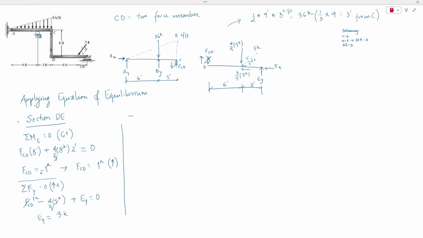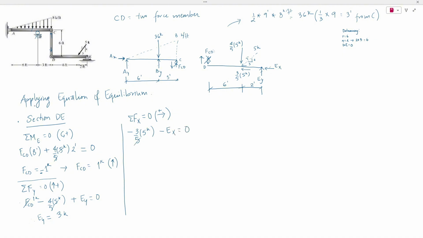And another equation of equilibrium, summation of all the forces in x direction to be 0, considering forces towards right to be positive. Then we have a horizontal component of this 5 kips acting towards left, so -3/5 of 5 kips, and we considered the horizontal reaction at E to be towards left as well, so -EX.